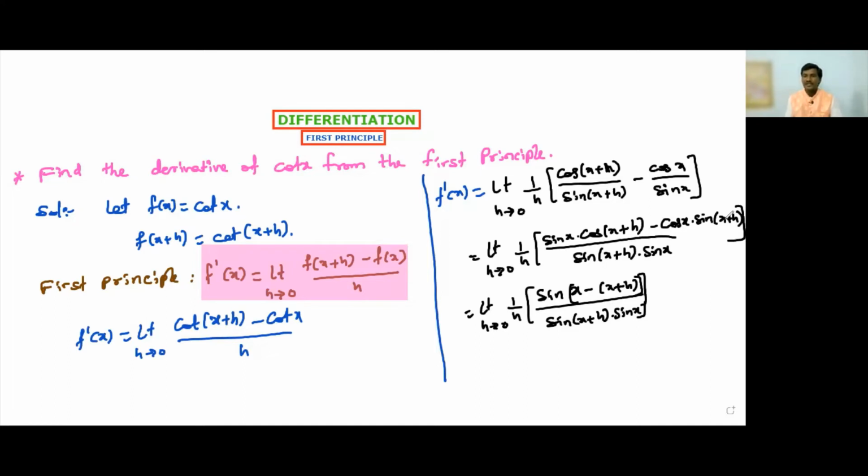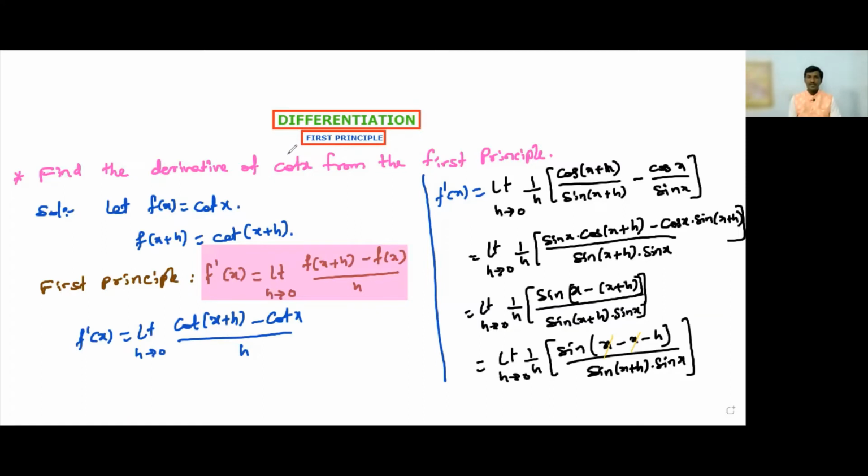Now this is equal to limit h tends to 0, 1 by h into sine of minus h divided by sine of x plus h into sine x.